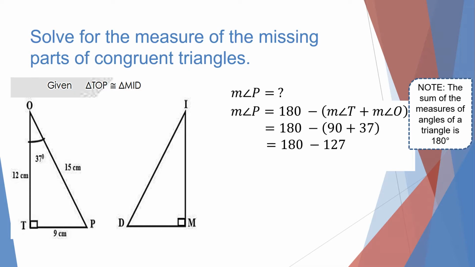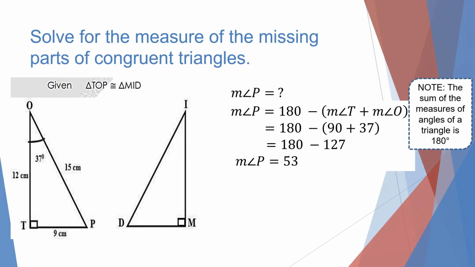And 180 minus 127 is equal to, very good, 53 degrees. So, meron na tayong measure ngayon ni angle P. Okay, so kompleto na yung measurements ng angle natin dito sa first triangle. So, since kompleto na yung measurement nila, pwede na nating makuha yung missing parts pa. Katulad ni angle D at ni angle I.